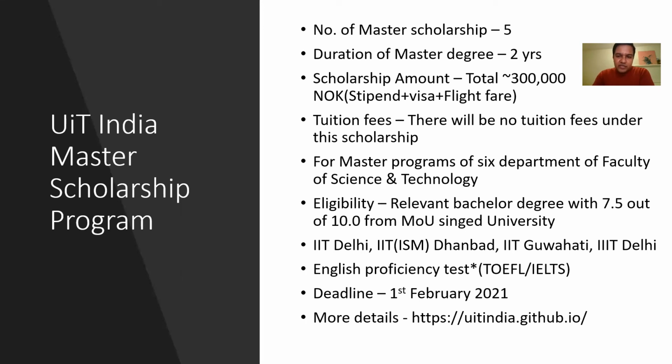The eligibility criteria is that you should have a relevant bachelor degree or have done relevant courses of a bachelor degree of those programs. For example, if a student from electrical or electronics wants to apply to, let's say, the Department of Computer Science, then in their bachelor degree, they should have done a certain amount of courses.